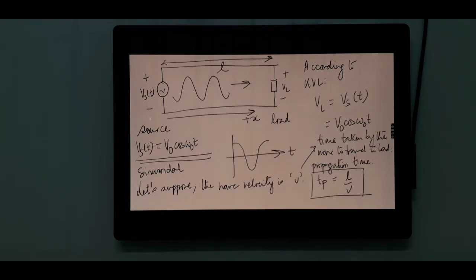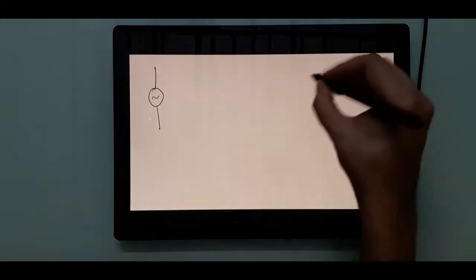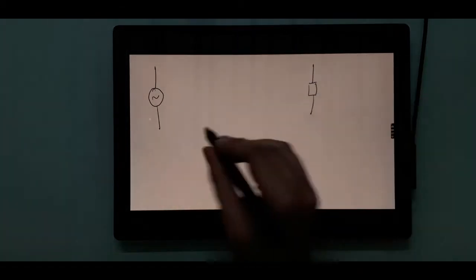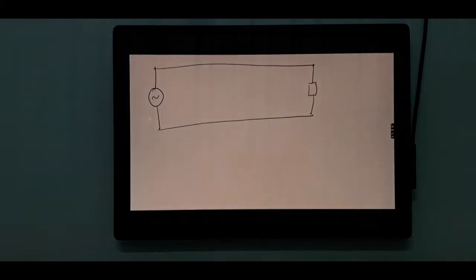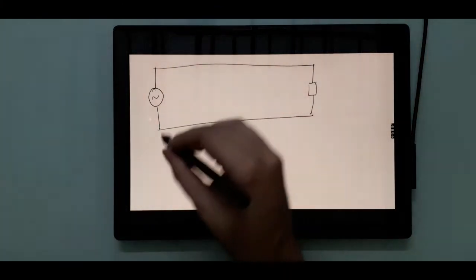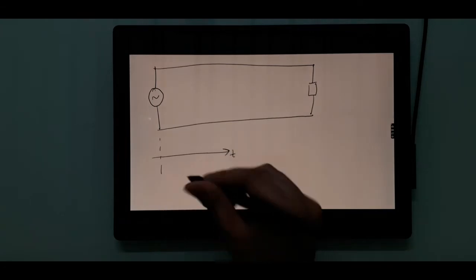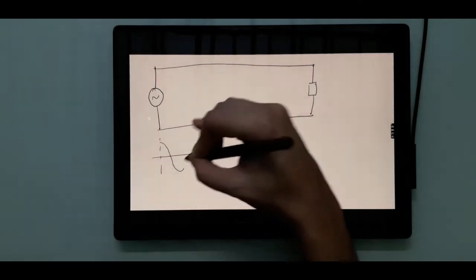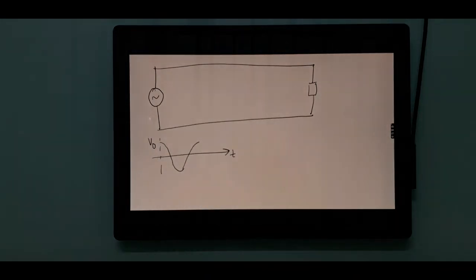So, what next? Let's redraw this diagram. Source and load. So, at time t equal to 0, this source voltage is V0.